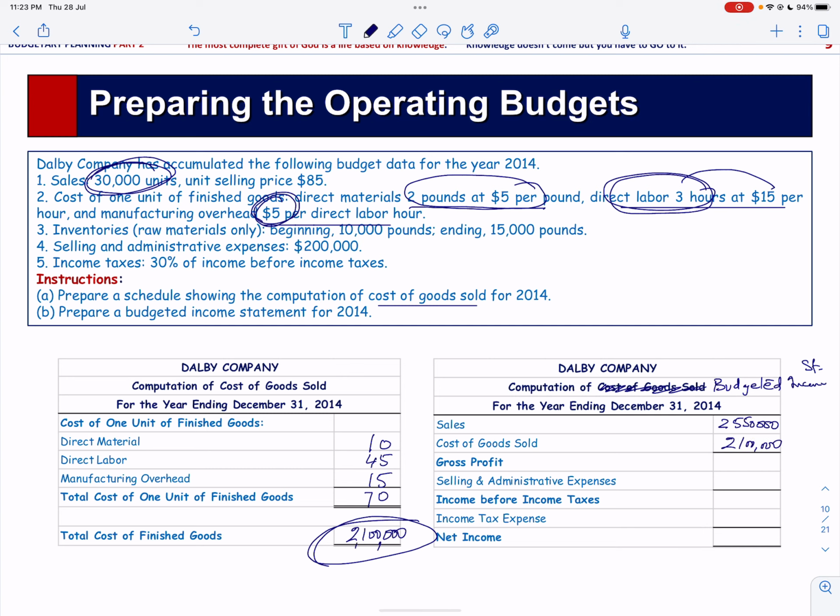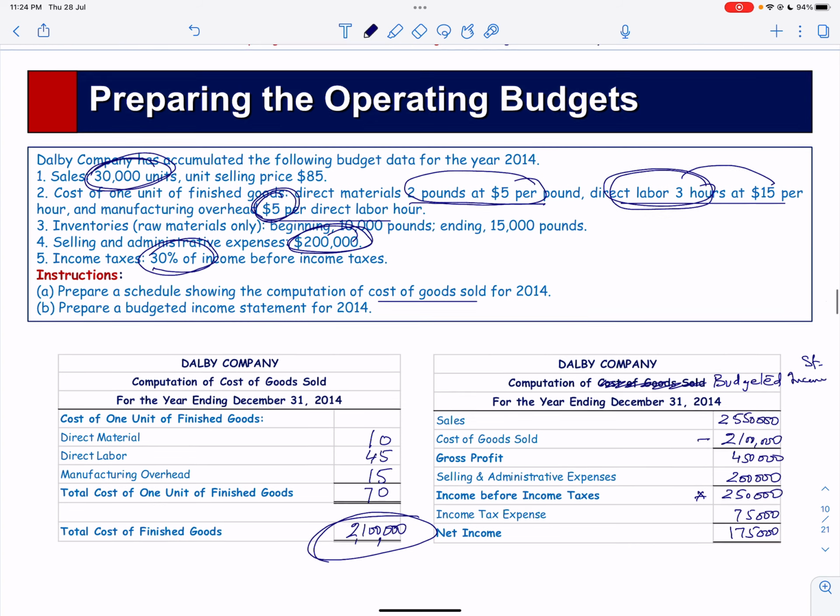So that makes 450,000 as gross profit. Now selling and distribution expenses are 200,000. So the income before income tax is 250,000, and then income tax is 30% of income before income taxes. So 30% of 250,000 is 75,000, and the net income will be 175,000.